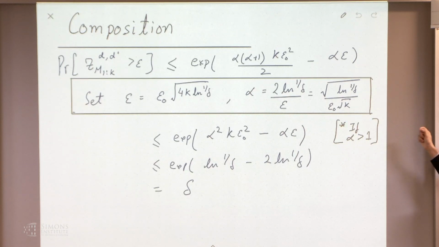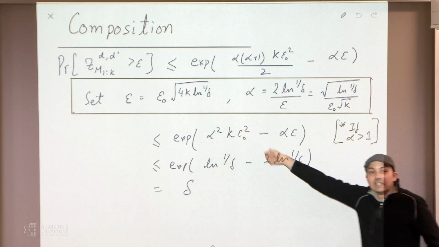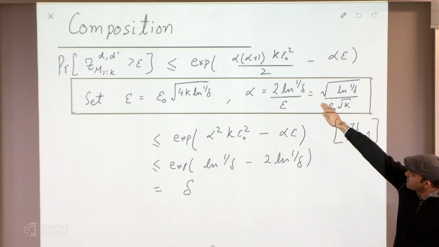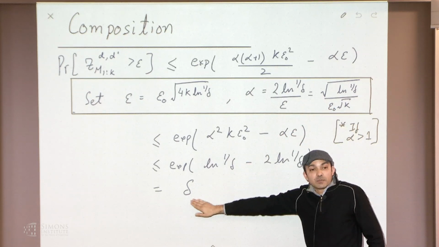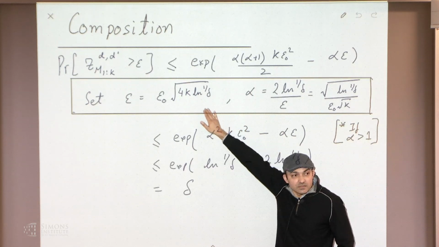So if I set epsilon to be epsilon naught times square root of 4k ln 1 over delta, and then choose the best alpha based on that, this probability can be shown to be bounded by delta, which means I've shown epsilon-delta differential privacy for this value of epsilon.